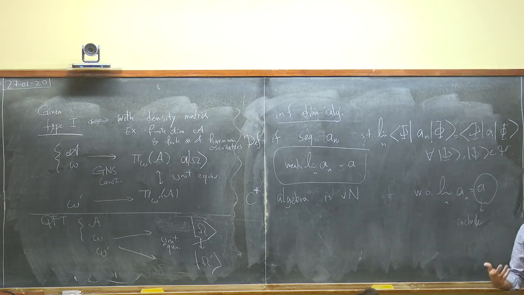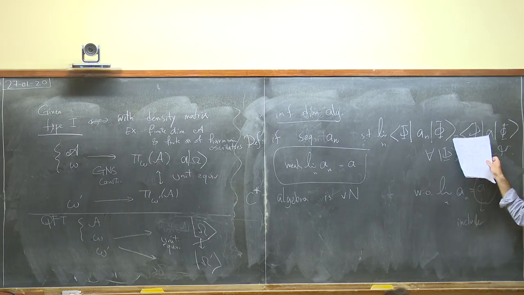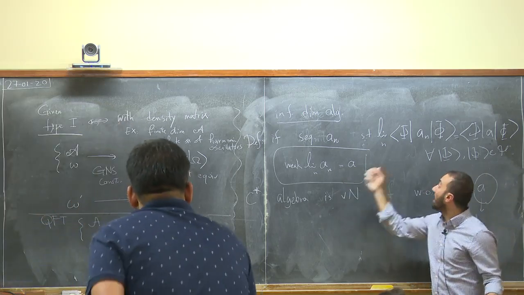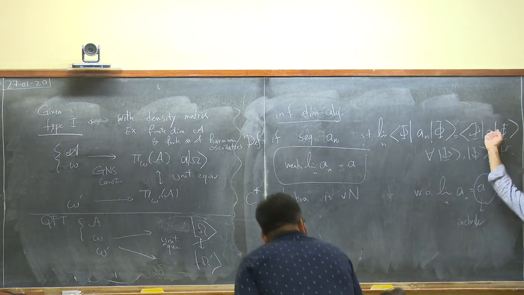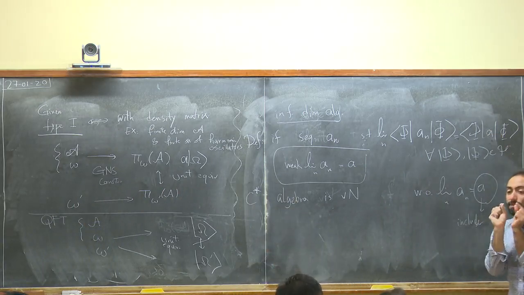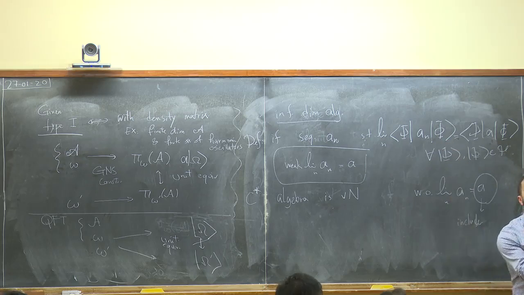So why is this physical? As physicists, even though we call self-adjoint operators observables, the things that we measure are matrix elements. That's what we care about. Now, how is it possible for two operators to be not equal but have the same weak operator limit? It is possible in infinite dimensional Hilbert space that every single matrix element is arbitrarily close.